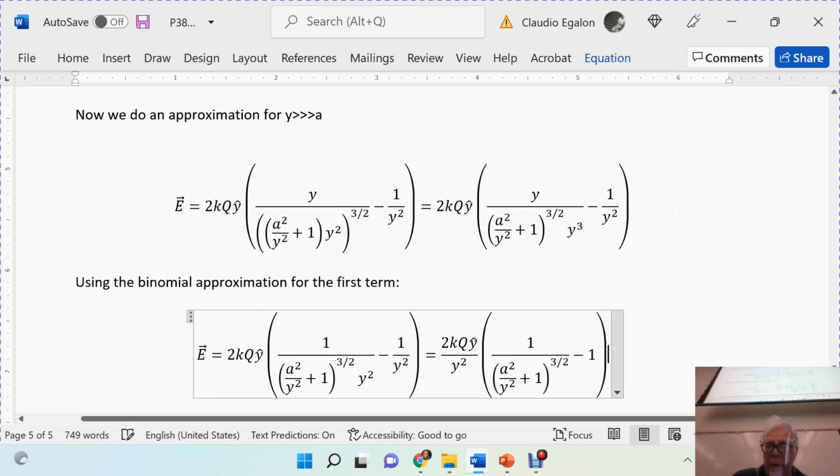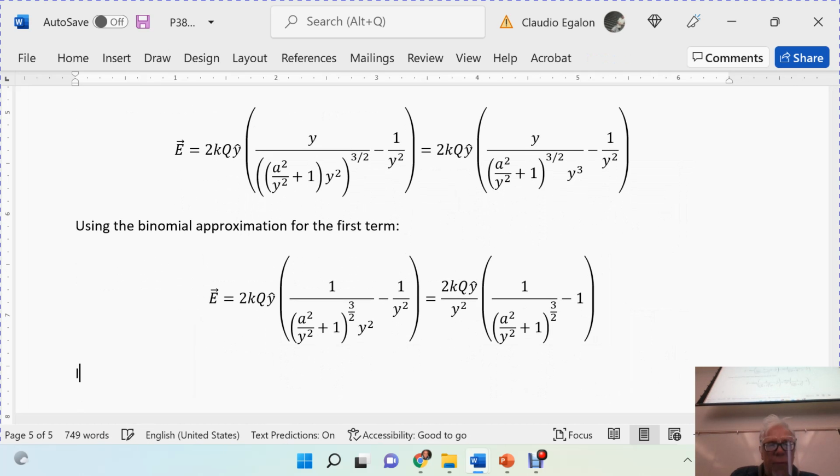So we have documented: if y is much greater than a, the first term between parentheses is almost 0.